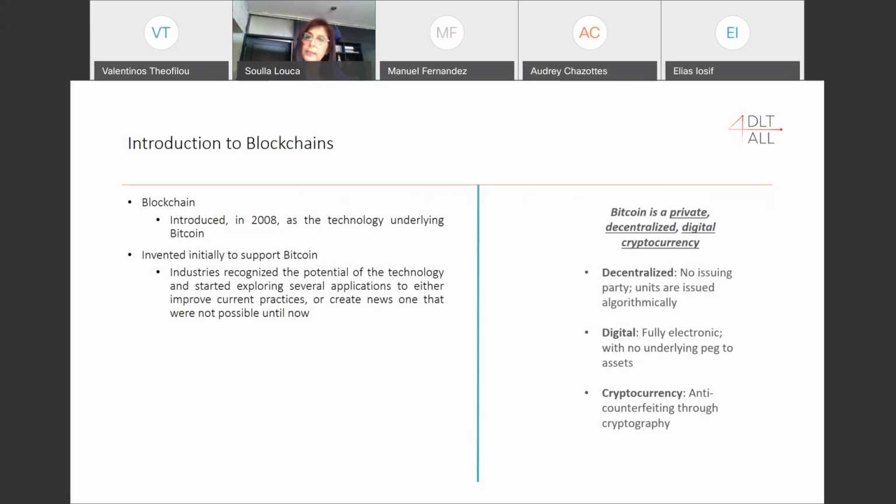In this case, there is not an issuing party, and the units are issued algorithmically. Digital, due to the fact that they are fully electronic with no underlying peg assets, and cryptocurrency, due to the fact that it's anti-counterfeiting through cryptography. We're going to discuss what cryptography is and how this is done.